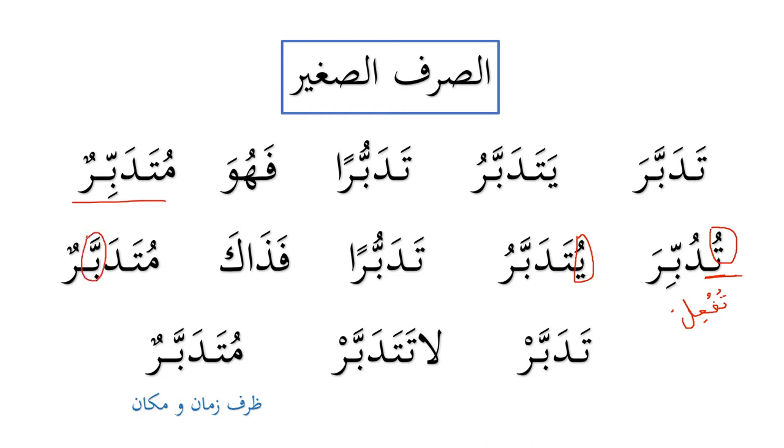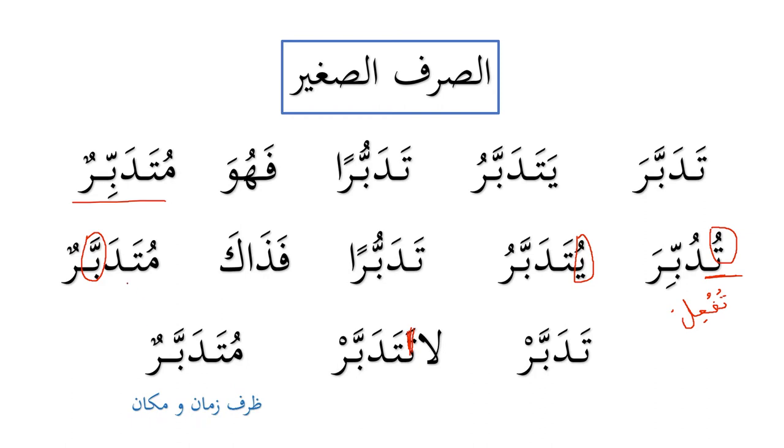This is ismul maf'ul, mutadabbarun. Tadabbar is fi'lul amr. La tatadabbar, basically it should be la tadabbar or la tatadabbar. Both of them are possible. It is fi'lul nahi, and mutadabbarun can be dharf zaman aw makan if needed.